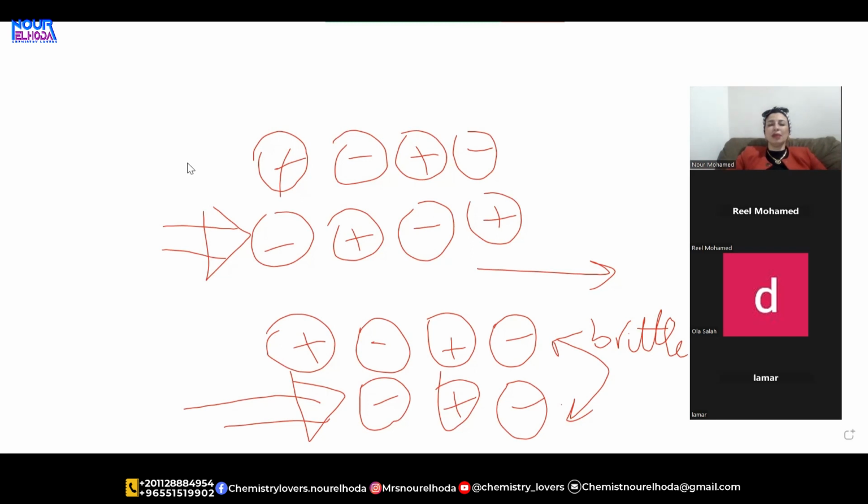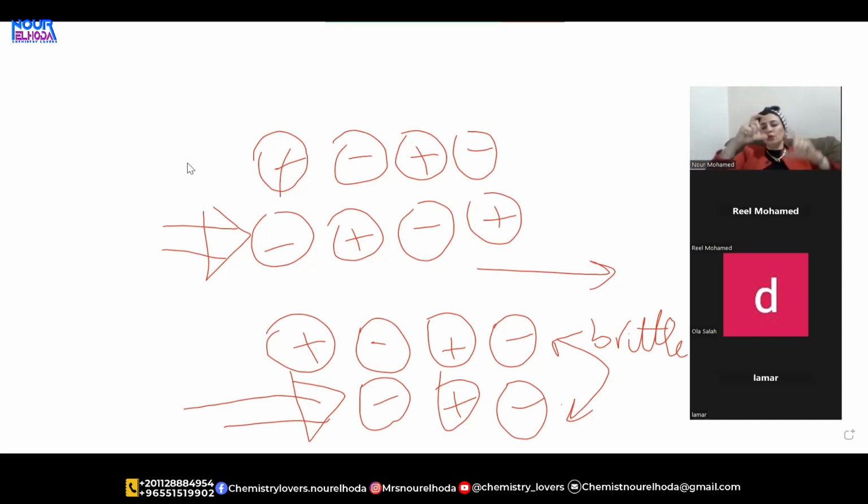The last thing I want you to remember: if he asks you to show by drawing the bonding in magnesium, or sodium, or aluminium, or any metal, you need to draw 5 columns and 3 rows. That's the best. Then 1, 2, 3, 4, 5 with 3 rows. You need to make it organized.